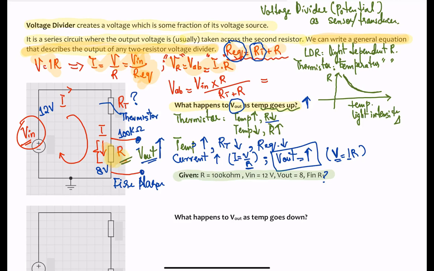What was the equation we got? V out equals the total input voltage, Vin, times R, since V out is the voltage across this R, divided by the total resistance. In this case, it's going to be RT plus R. Now if I plug in the values, V out is given, which is 8 volts, correct?